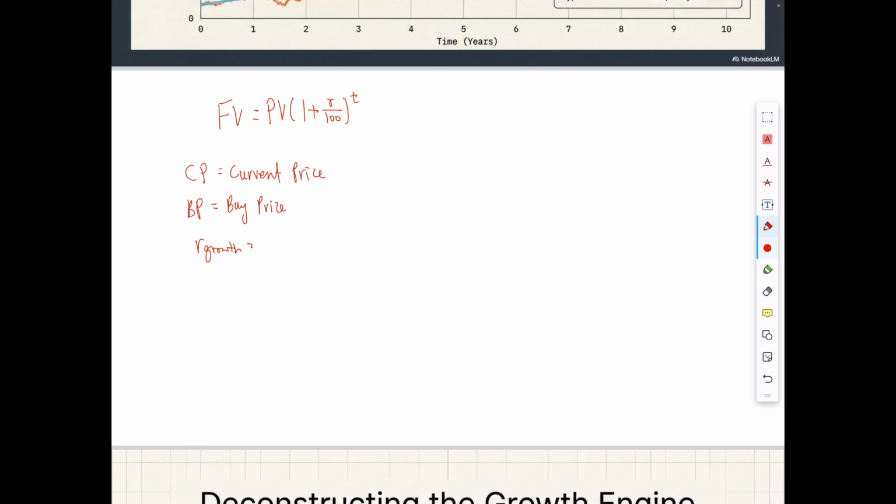The smoothened-out one. It doesn't really matter. Let's just look at this, and then I just come up with a new formula, which is CP equals BP times (1 plus R growth) to the power T. So what I'm going to do is make R growth the subject.